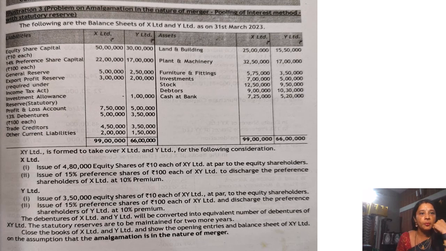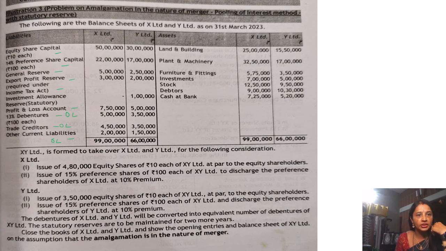Now this is the problem. They have given equity share capital, preference share capital, general reserve, export profit reserve, income tax investment allowance reserve, then your profit and loss account, 13% debentures, trade creditors, other liabilities. Trade creditors and 13% debentures are outside liabilities.